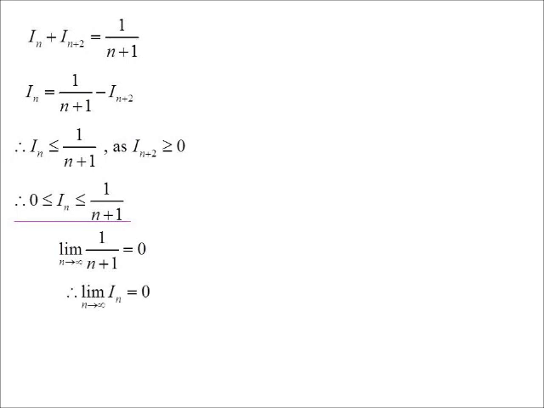So I know the limit as n approaches infinity of I_n is 0. If we go back to the question here, what they asked us was what happens to J_n. Well, J_n was minus 1 to the power of n of I_2n. So if I_n's going to 0, then J_n's going to 0 as well.